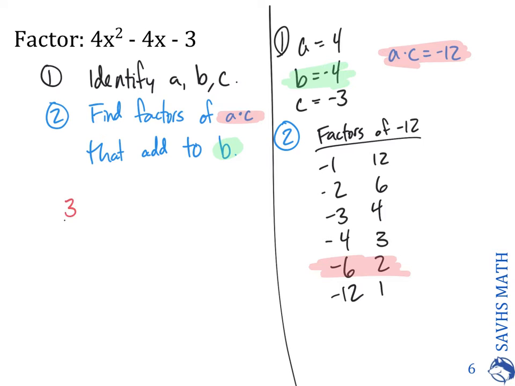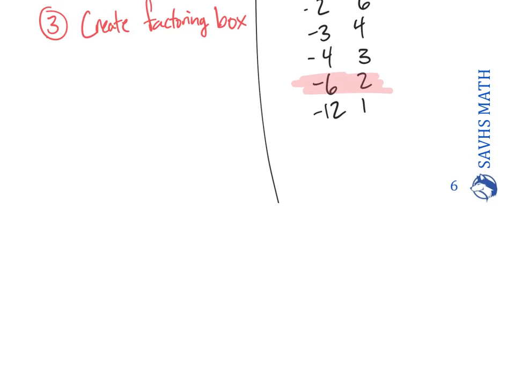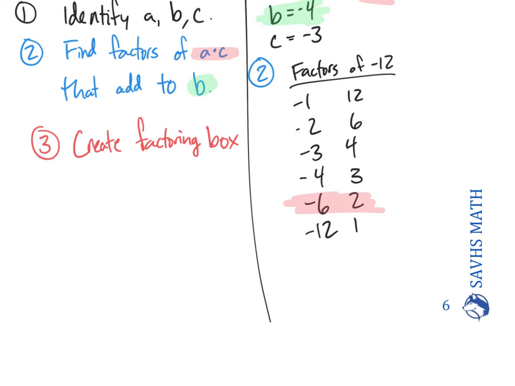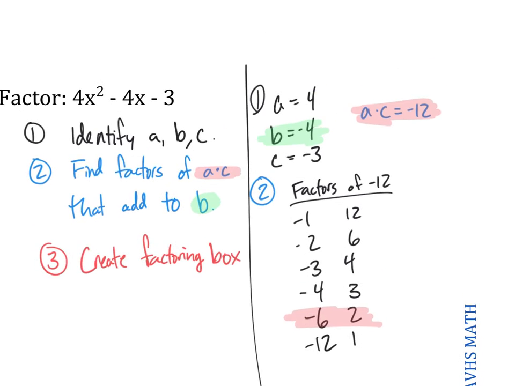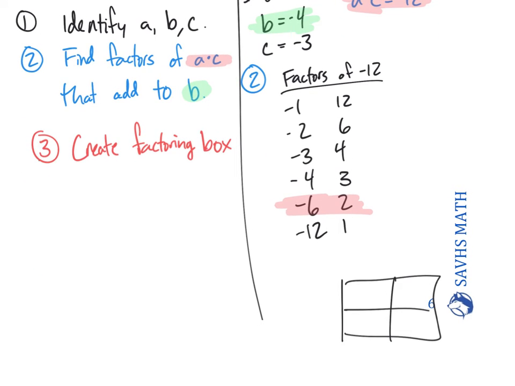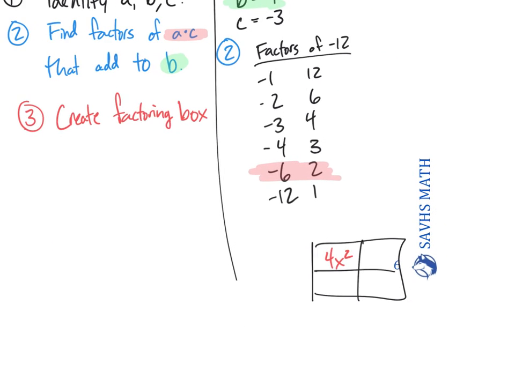So step 3 is going to be create the factoring box. So I'm going to take my A term, put it here. So I'm going to put my 4x squared here. I'm going to put my C term here.